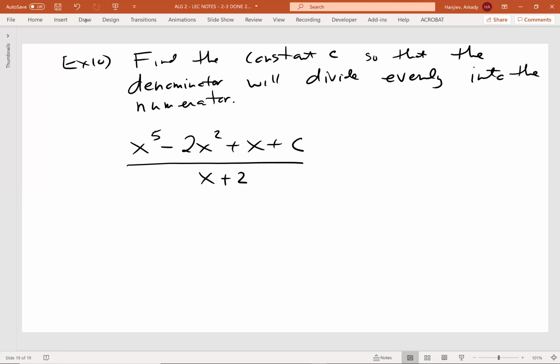So c could be any value whatsoever. It has to be a constant. I'm trying to figure out what c would be if x plus 2 would divide it evenly, or even better, if x plus 2 can factor out something on top. Can't it factor out at least x plus 1?